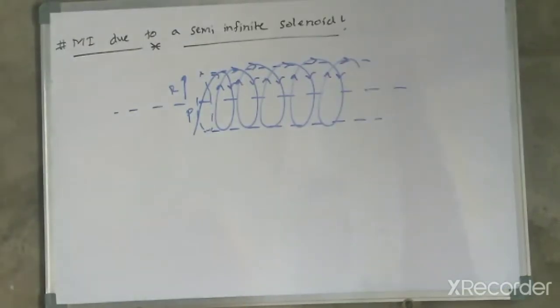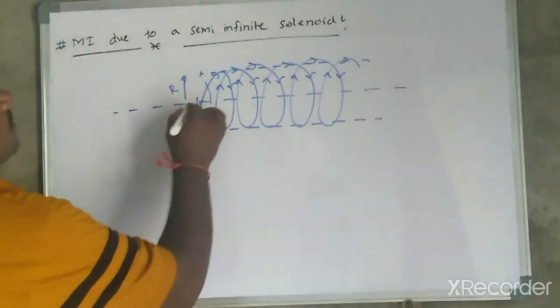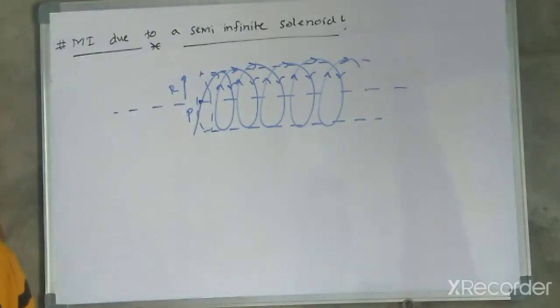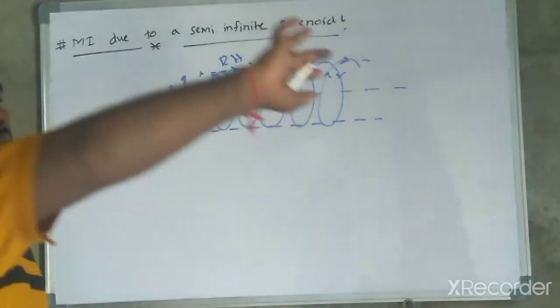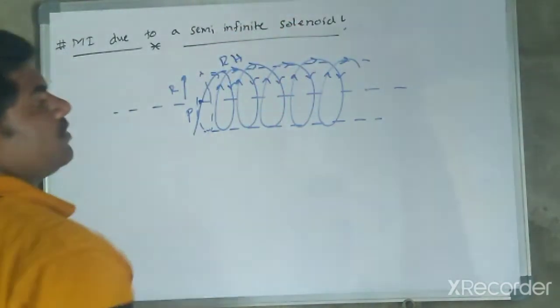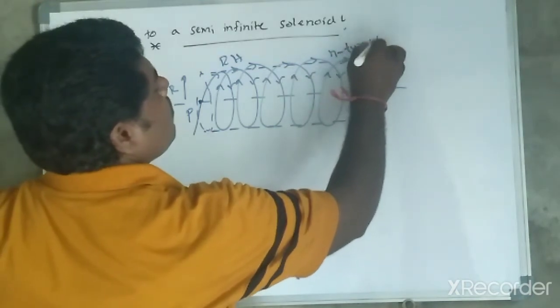Another important model: magnetic induction due to a semi-infinite solenoid. Let us consider this as the initial point, the origin. To the right side only, the solenoid is extended up to infinity, with n turns per meter.